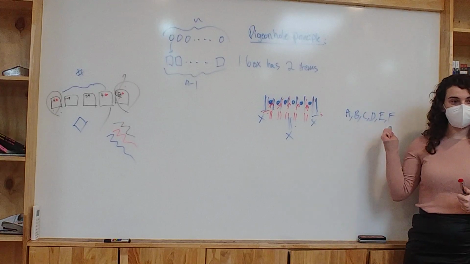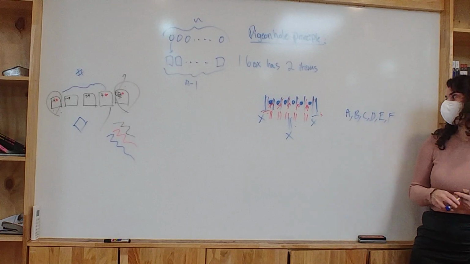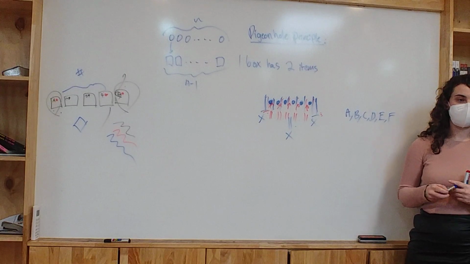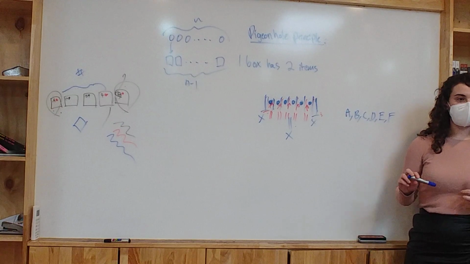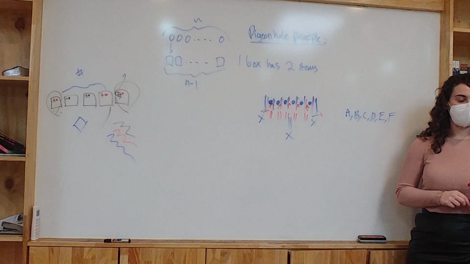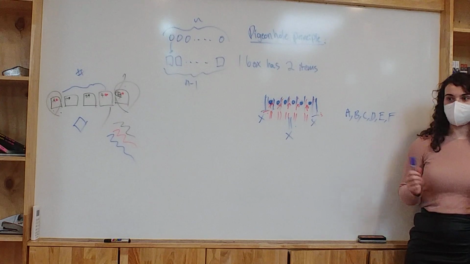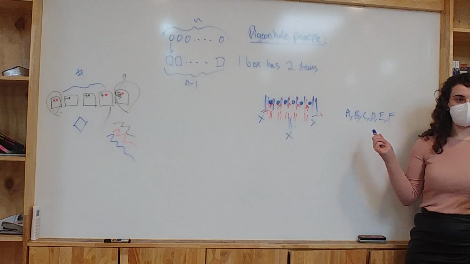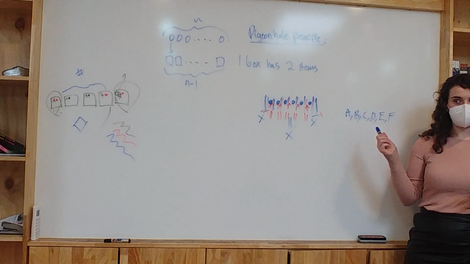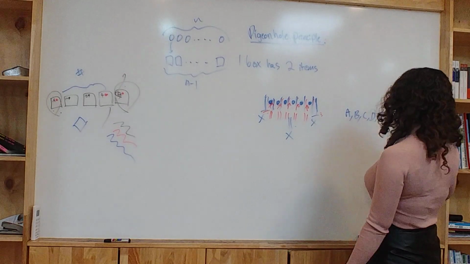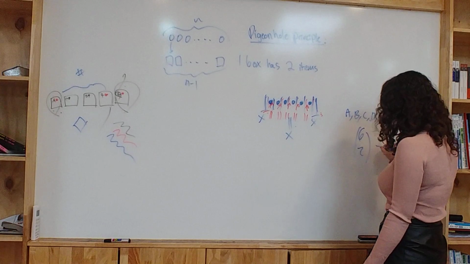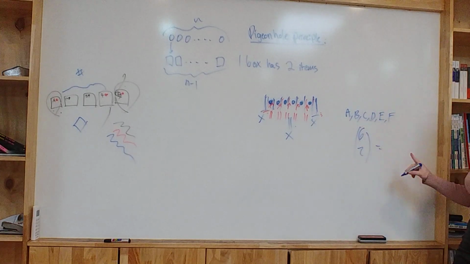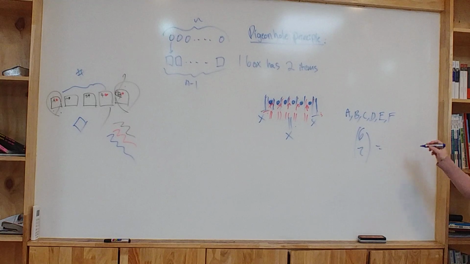How many ways can we pick the first group? How many ways can we pick 2 cards from a deck? How many ways can we pick 2 people from 6 people? I think it's 15.